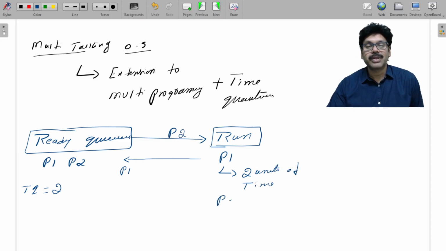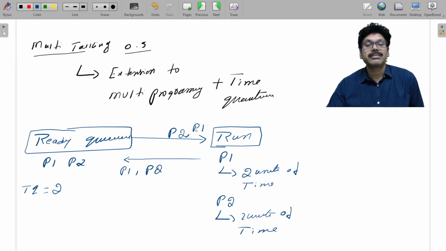Then P2 is executed for 2 units of time quantum, then it gives a chance to P1 again. Initially P1, after that P2, then P1 comes back and P2 comes back.